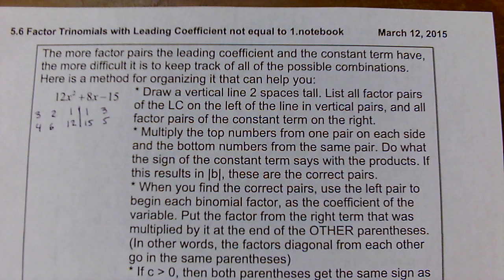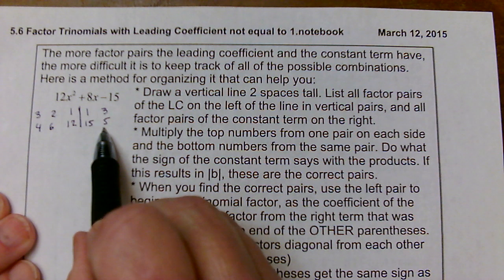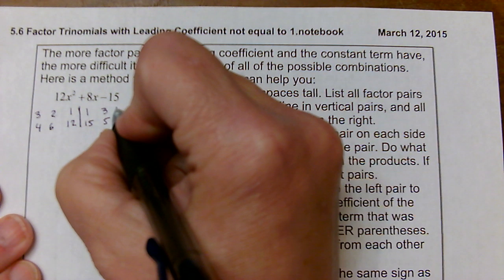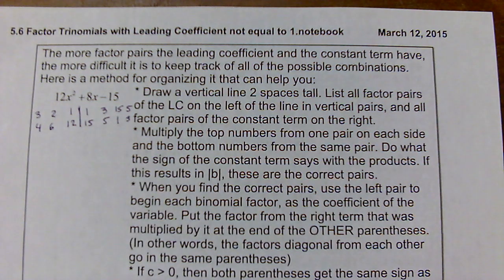Now don't forget, once you've written the factor pairs, on one side you need to write it in both orders. So this side had fewer factor pairs, so I'm also going to write 15 and 1 and 5 and 3 on that side.